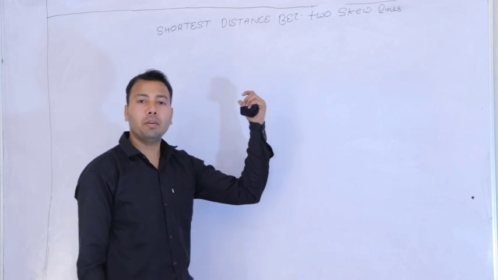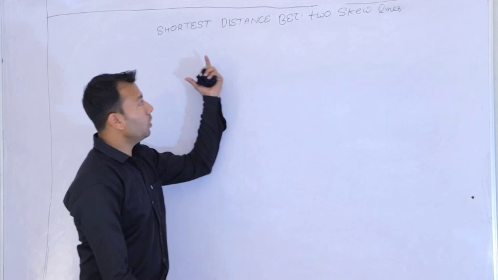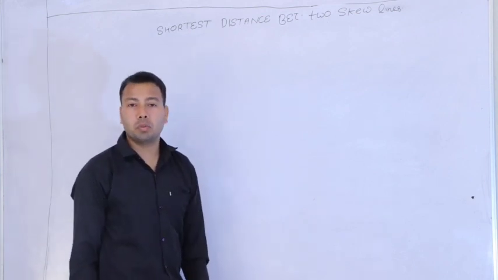So today we have discussed chapter number 13, that is three dimensional geometry, shortest distance between two skew lines.